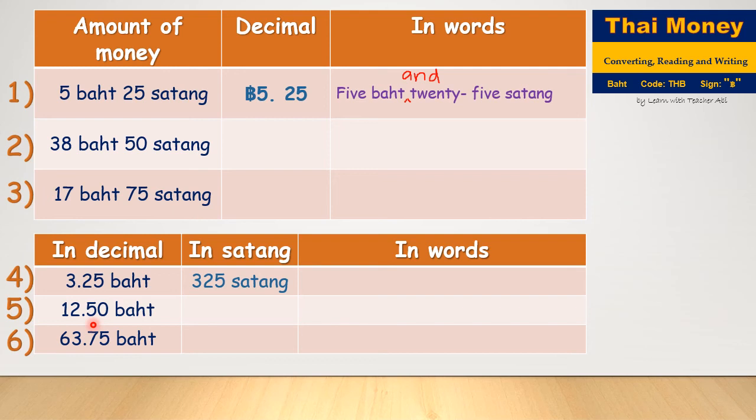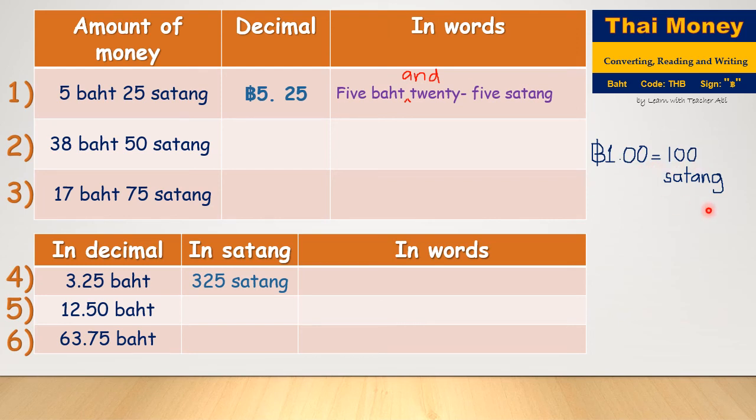325 satang. How did we do it? Remember, 1 baht is equal to 100 satang. As you can see here, there is a decimal point after 1. So we have the baht sign, 1, and then the decimal point, then 00.